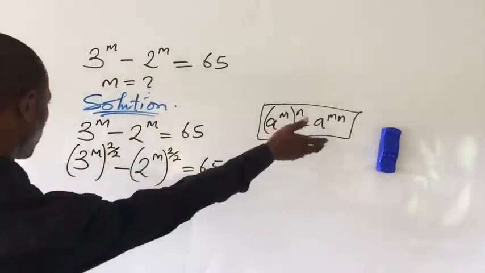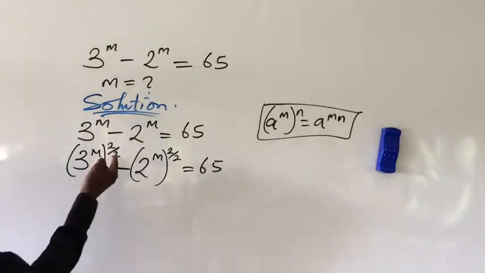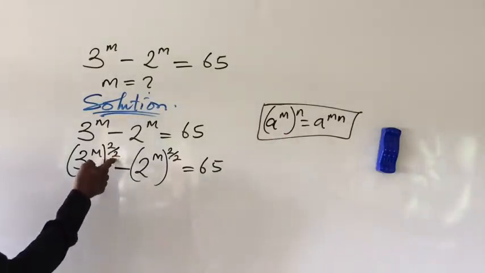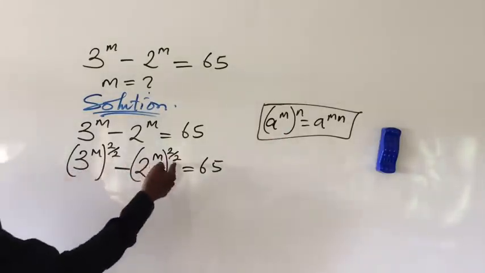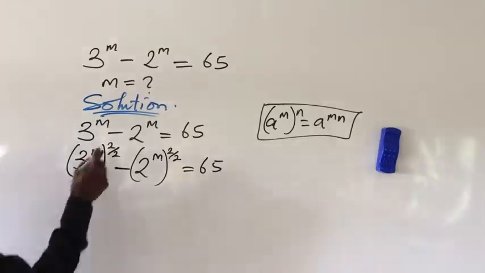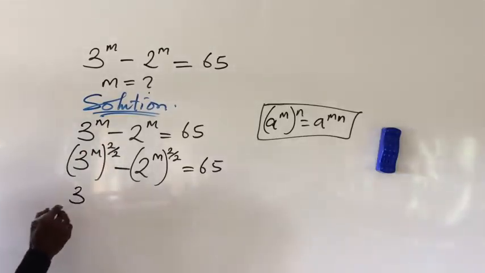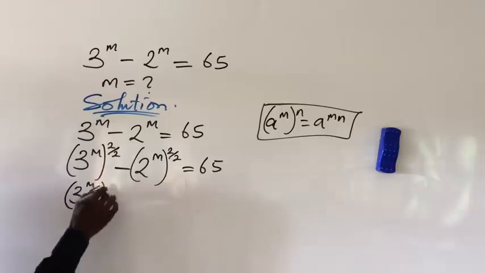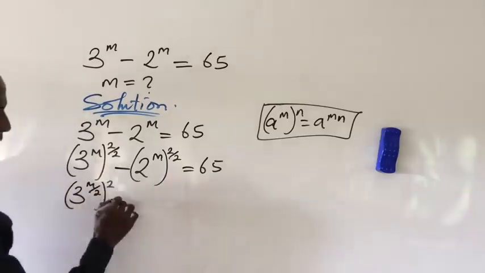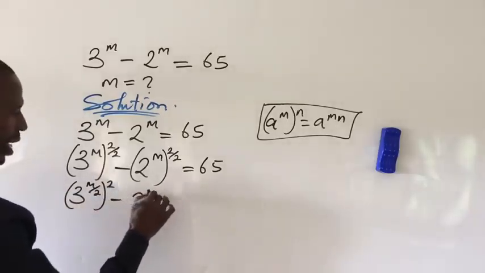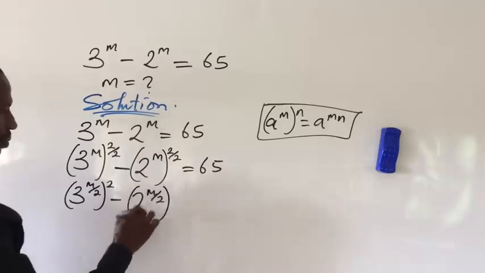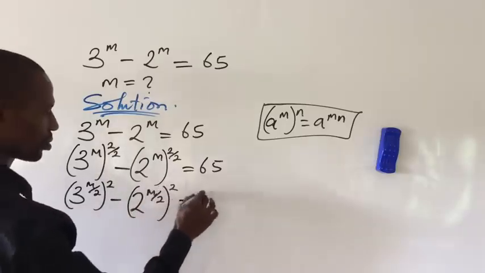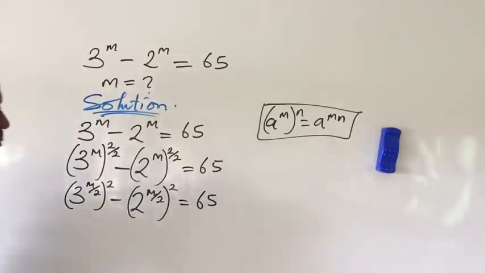So if we apply this law, we can bring in this fraction here, and we can bring in this fraction here also, and so we can rewrite this as (3 to the power of m all over 2) all to the power of 2, minus, same thing we have here, (2 to the power of m all over 2) all to the power of 2, equal to 65.